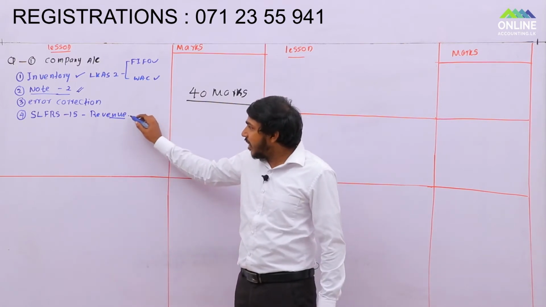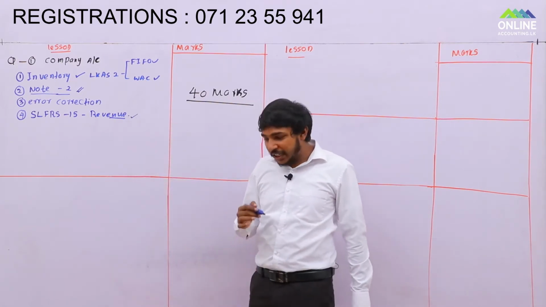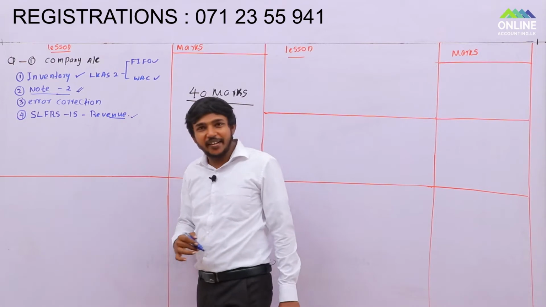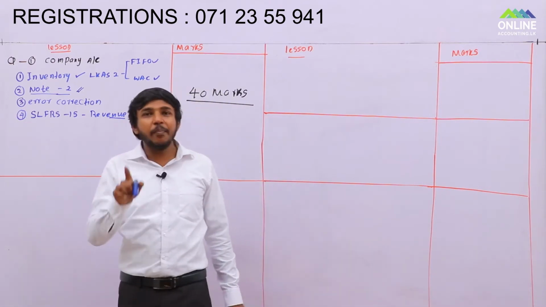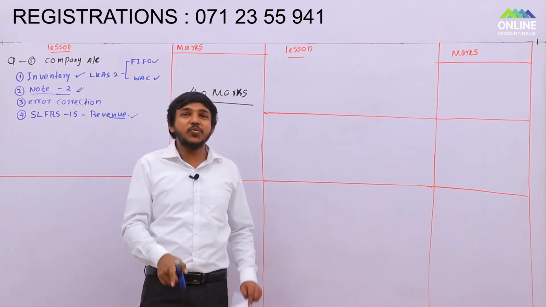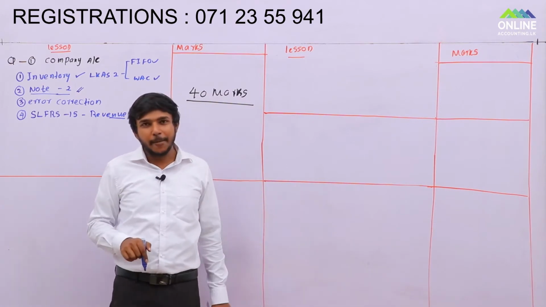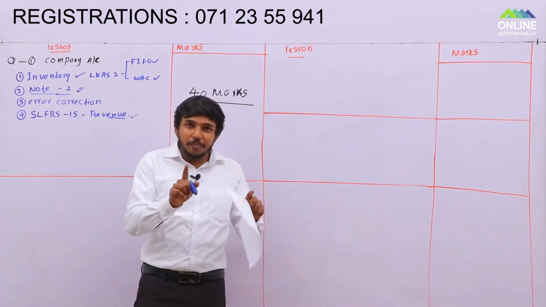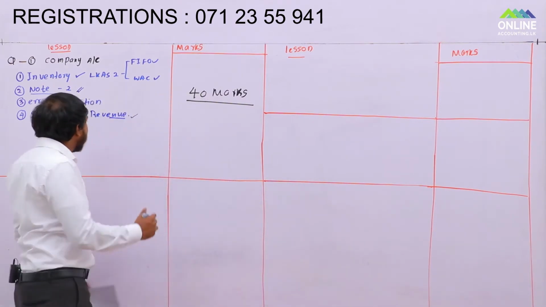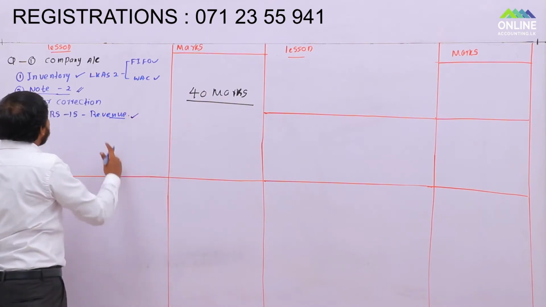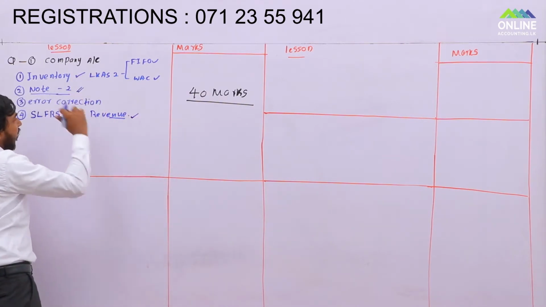Even though it's a bit of a new accounting standard, it was tested in the first paper in 2020 as well as in 2019. In 2020 the examiner tested this revenue part, SLFRS 15, in the company question also.